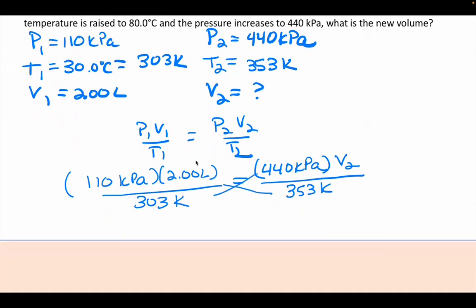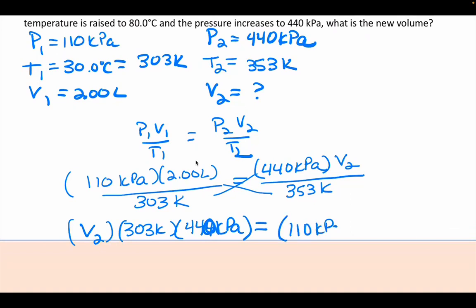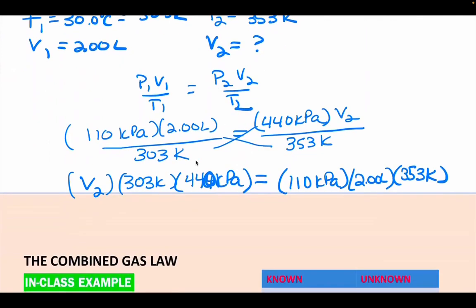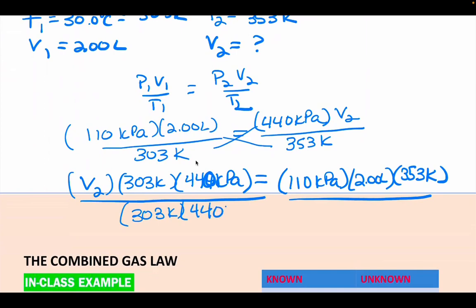I would get V2 times 303 Kelvin times 440 kilopascals equals 110 times 2 times 353 Kelvin. Then I would isolate my variable by dividing both sides by 303 and 440.